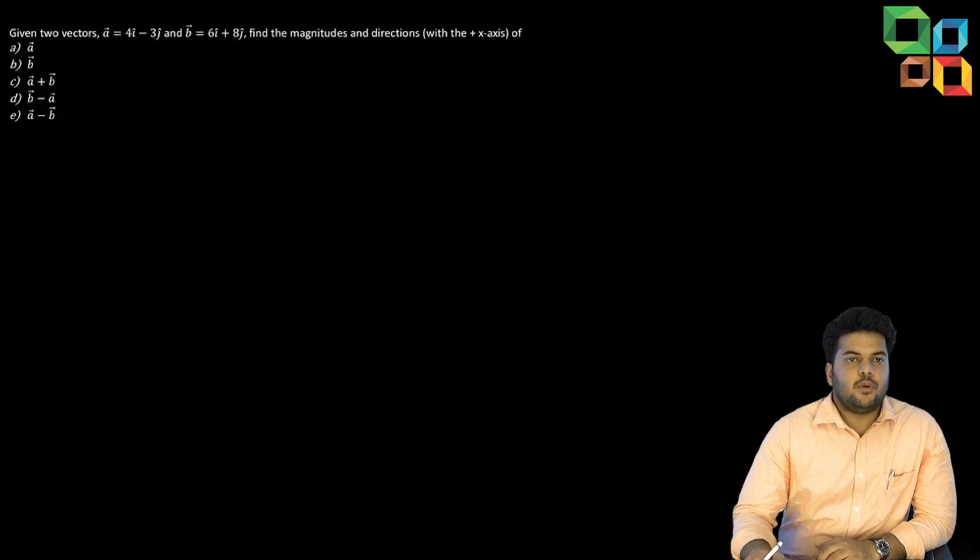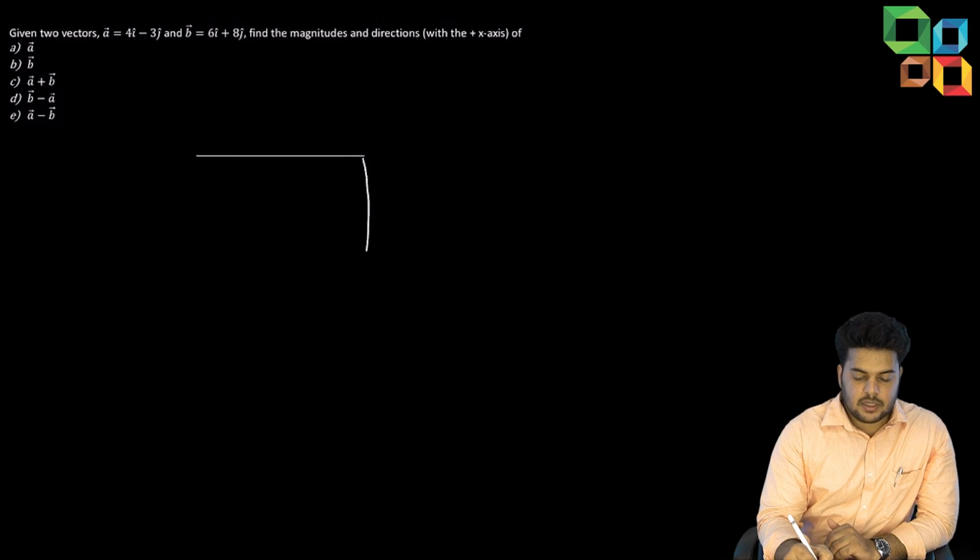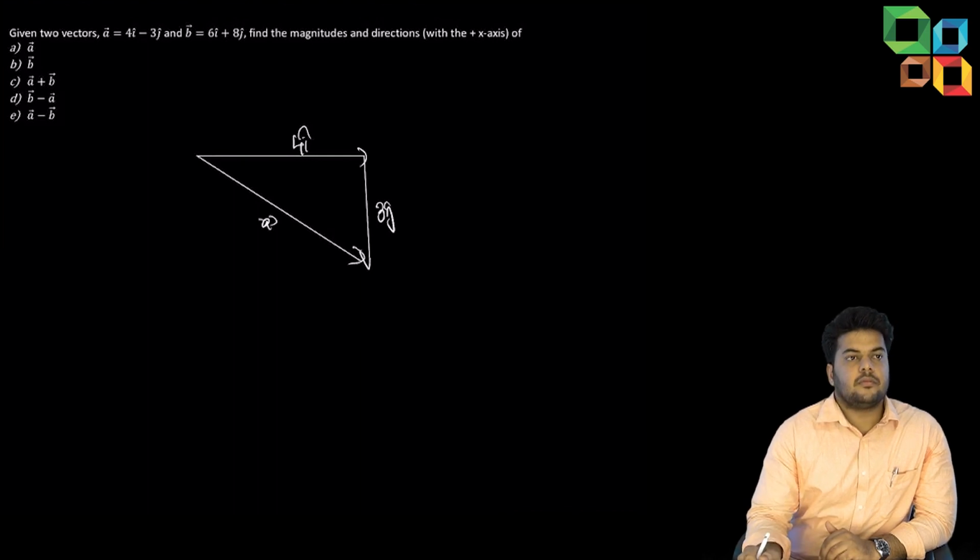I think I've told you, but let me repeat it again. So A vector, let me draw it out. A vector is 4i cap plus 3j cap. I have a vague memory of telling you this, but anyway. So this is A vector.